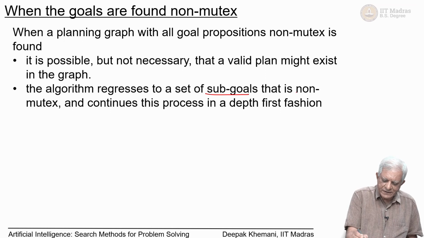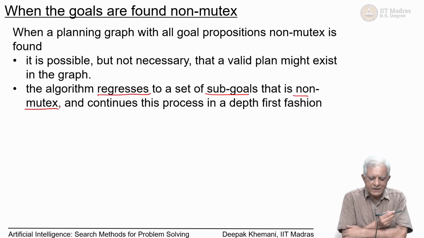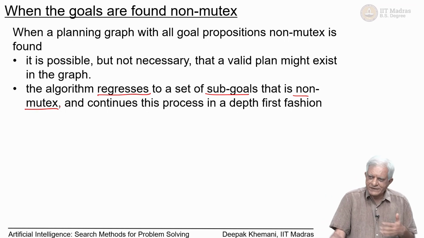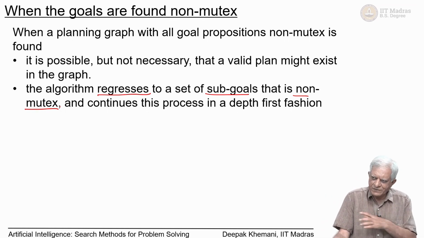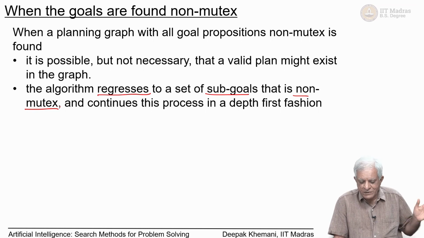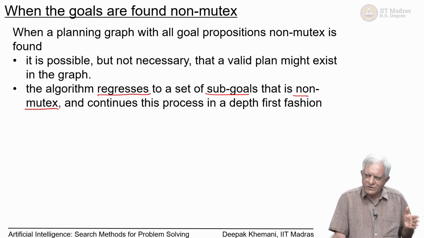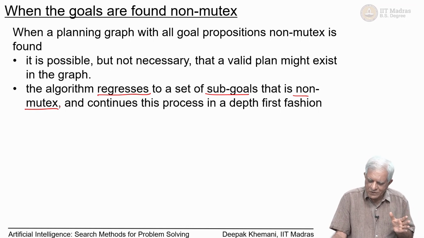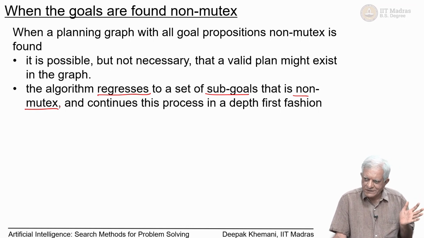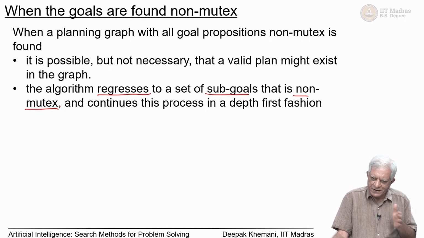Remember, regress is a little bit like backward state space planning, and it continues this process in a depth first fashion. It keeps diving back towards the start P0 layer. If it reaches the P0 layer and there are no mutexes which show up on the way, then you have a solution. All the actions in this backward search will be part of the plan.